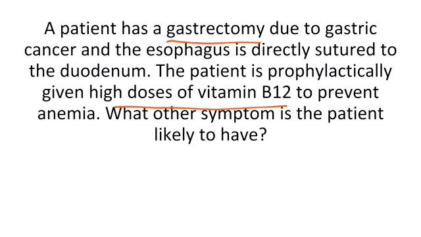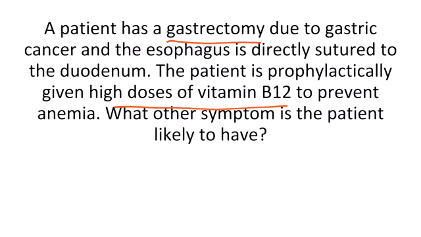So we don't have to worry about the patient developing anemia. The question asks what other symptom the patient will likely have. The key to getting this question right is remembering that the stomach acts as a reservoir for food and regulates how frequently boluses of food enter the duodenum.